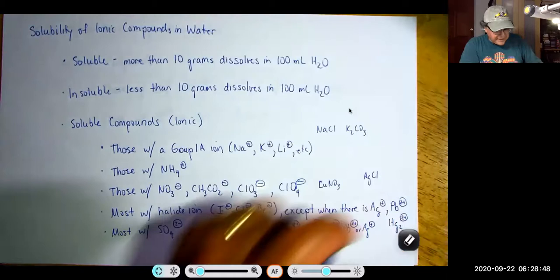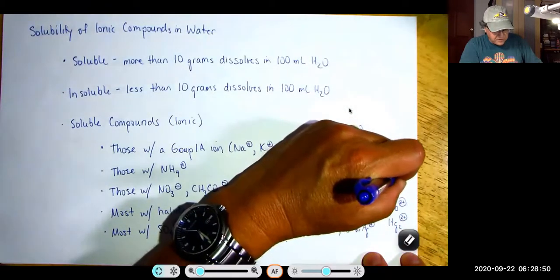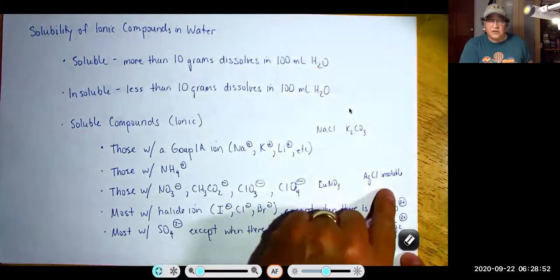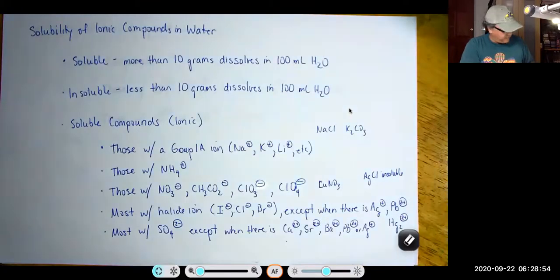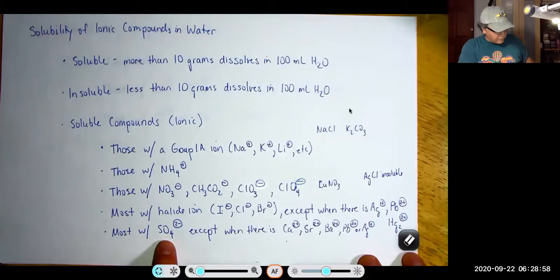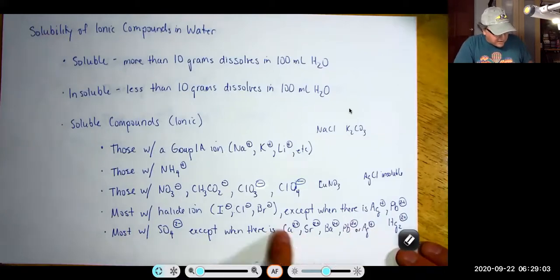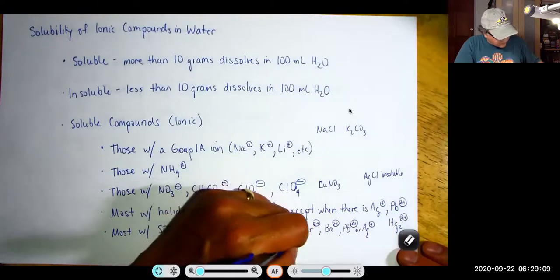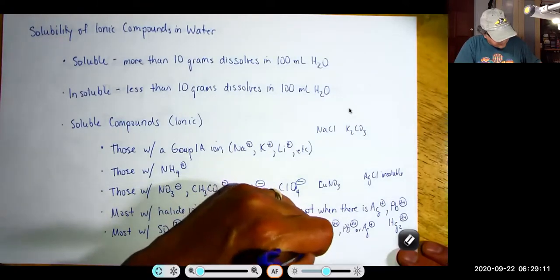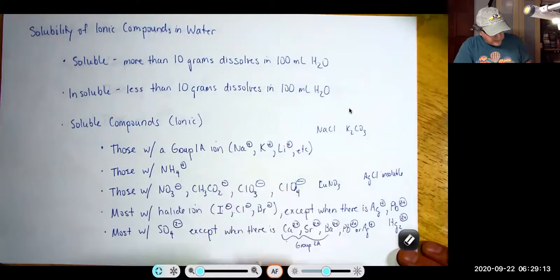So this is insoluble. That's the term we use for not soluble, insoluble. Most of your sulfates are soluble, except when combined with basically any monoatomic ion that has a +2 charge. And really, these are group 2A, lead 2 or silver.